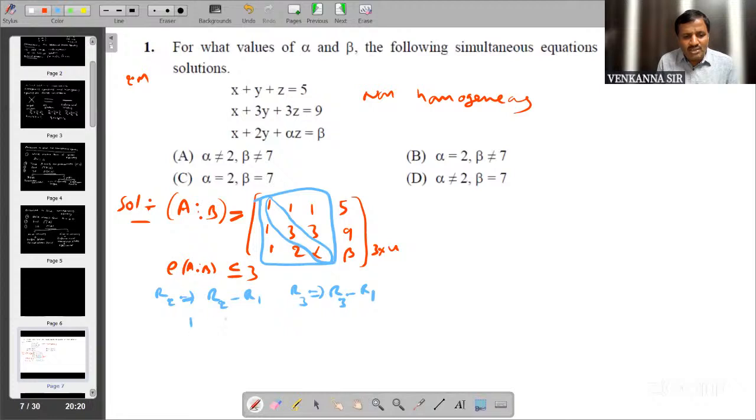With this, the augmented matrix reduces to: these two are zeros. R2 minus R1, this is 2 and it is a 4. So any confusions?